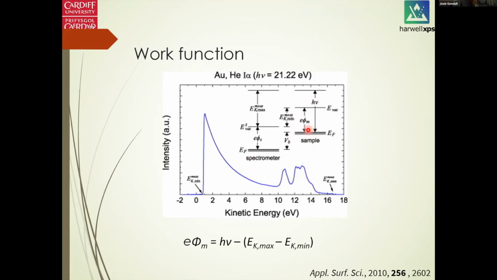And then we could see that the work function is actually measurable with the kinetic energy maximum and the kinetic energy minimum. So with the total UV source energy minus the difference between these, we could get the work function of the sample.